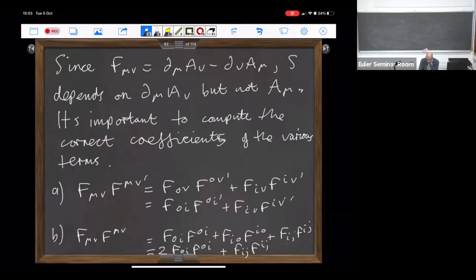So let's look at the first line in equation A. We just have F0 nu lower times F0 nu prime upper plus the spatial terms Fi nu lower Fi nu prime upper.